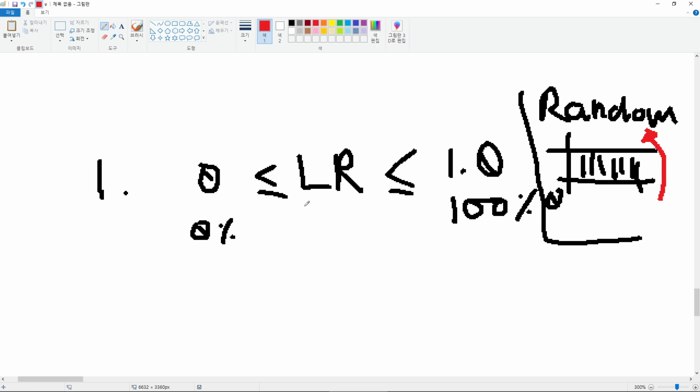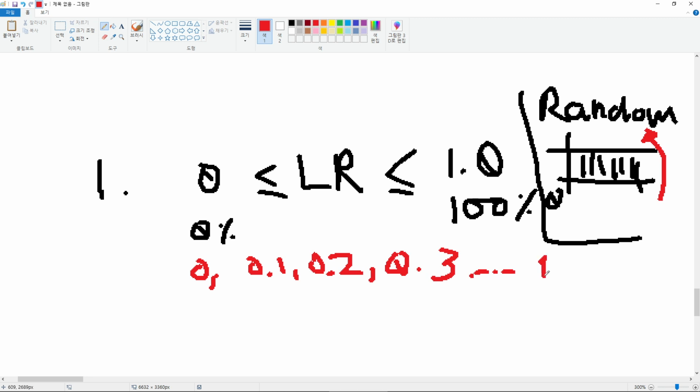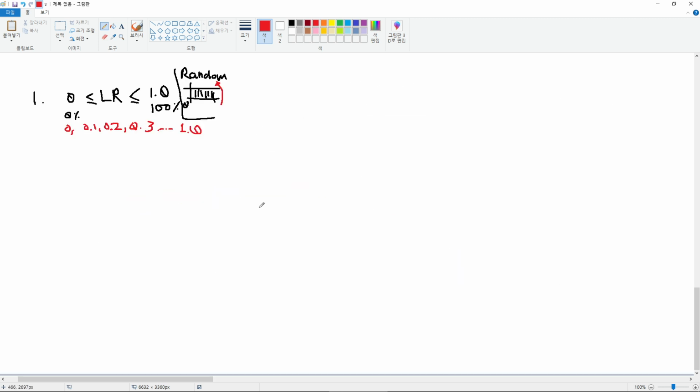So the learn rate doesn't have to be every number between 0 to 100 or 0 to 1.0. It will just be 0, 0.1, 0.2, 0.3, all the way to 1.0. So just pick one. So this is random.